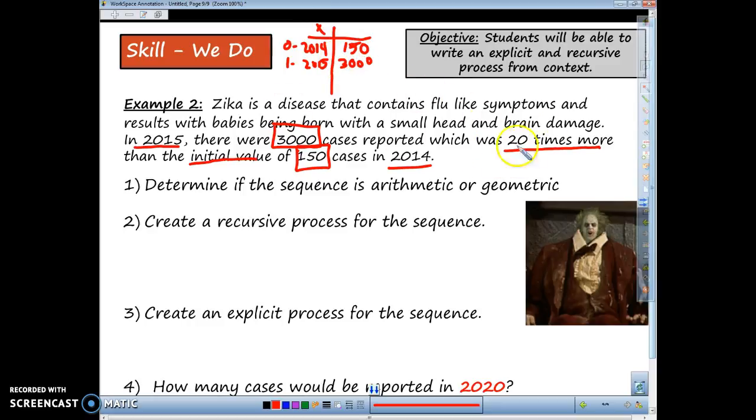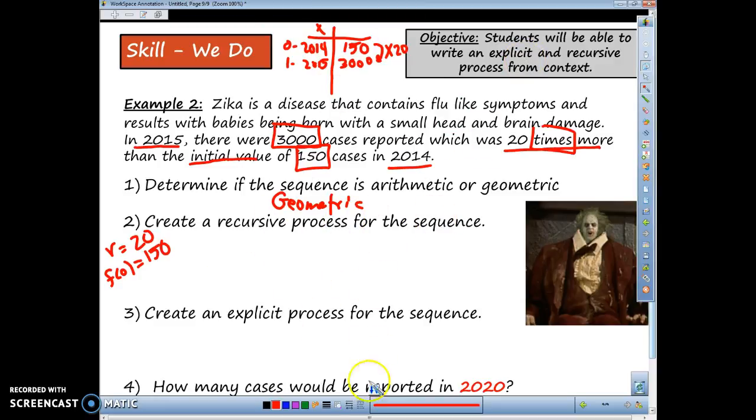And they say this was 20 times more. So that tells you we are multiplying by 20. Therefore this is a geometric sequence, and I have an r value of 20. Additionally, looking at this table, they say the initial value was 150. So f of 0 is 150 cases.